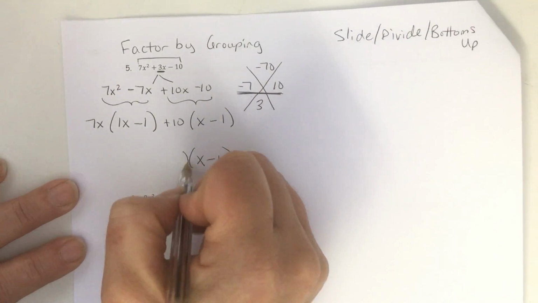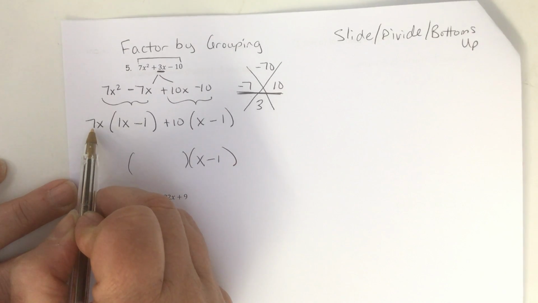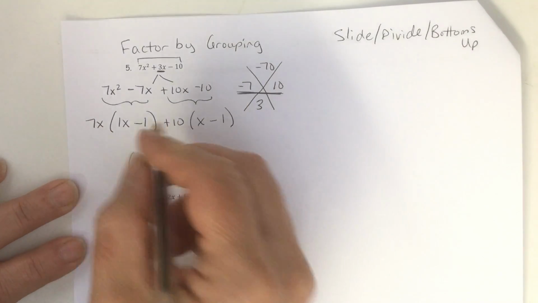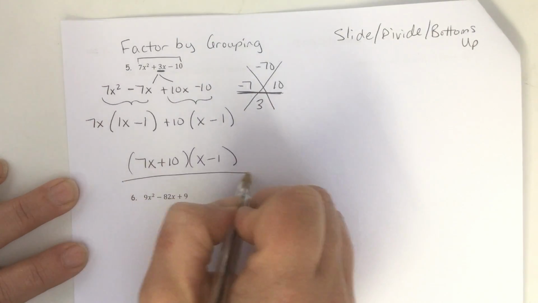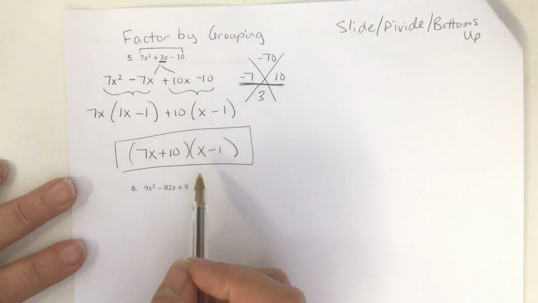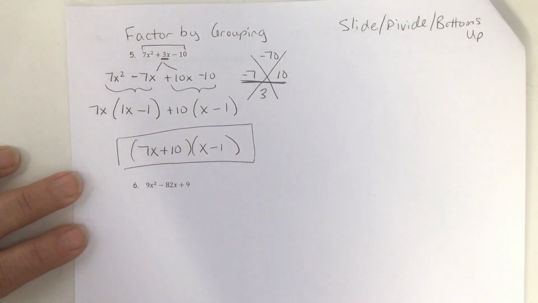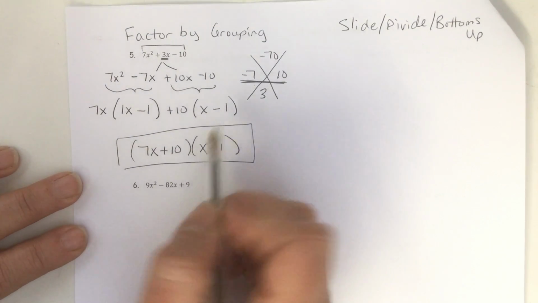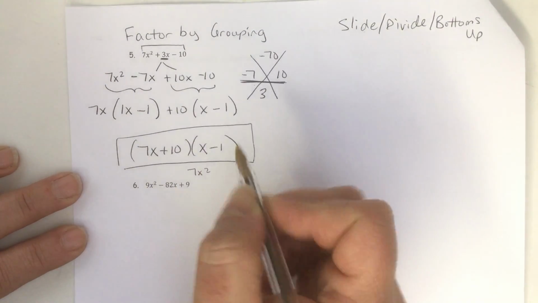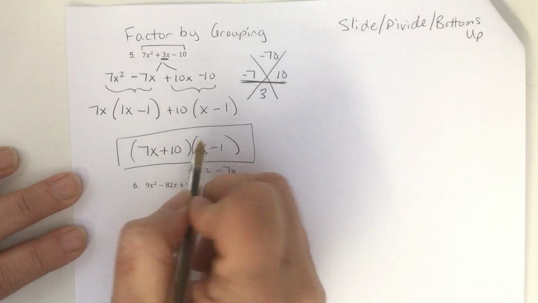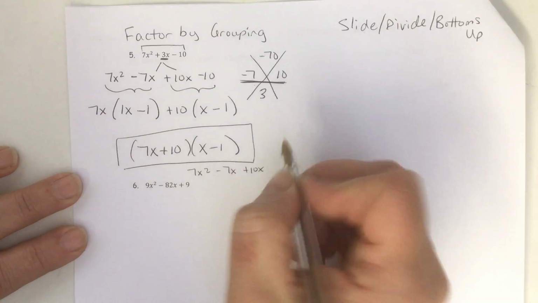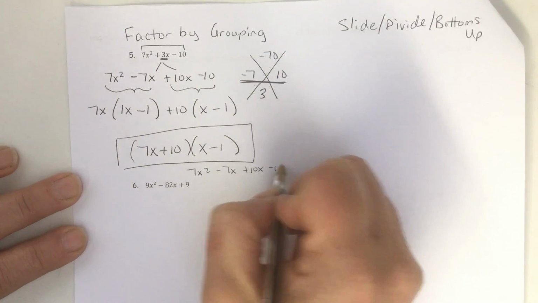And then the first parentheses comes from the outside number here and the outside number there. So this is 7x plus 10. And that's your answer. If you were to multiply that out, like we've been doing the last few days, 7x times x would give you 7x squared. 7x times negative 1 is negative 7x. 10 times x is 10x. 10 times negative 1 is negative 10.